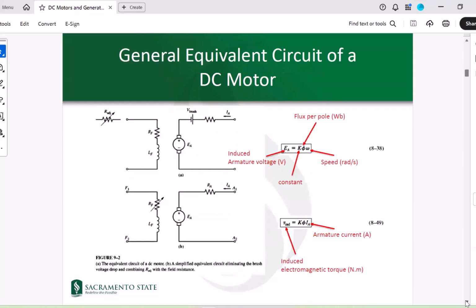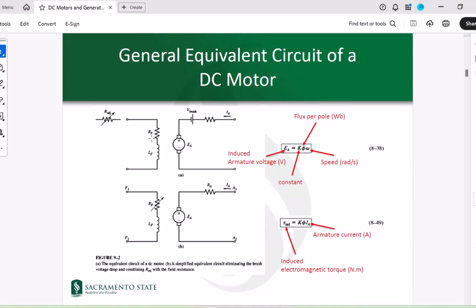All right. So this is showing the general equivalent circuit of a DC motor. We have two circuits. One is associated with the excitation system, which has an RF and LF. LF is the equivalent inductance, which in DC conditions does not get involved in the circuit calculations, as you know.